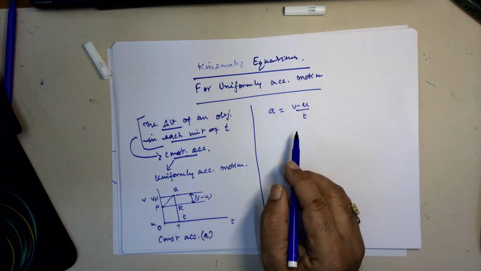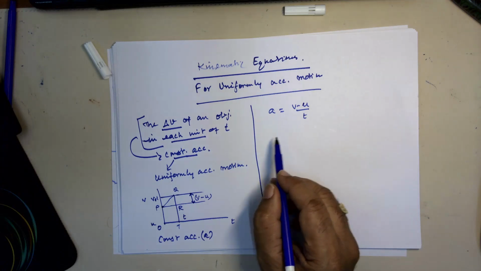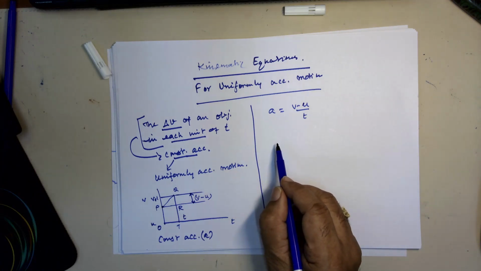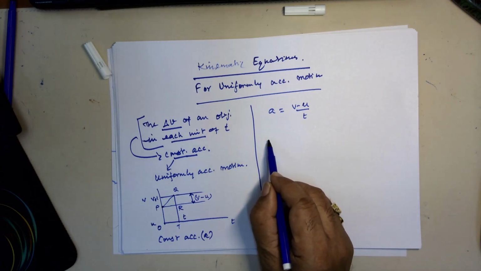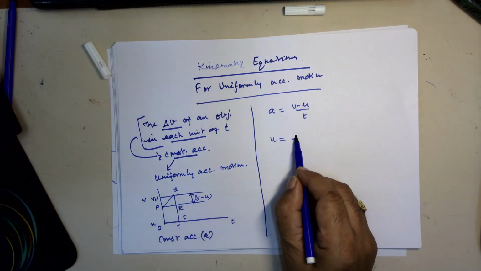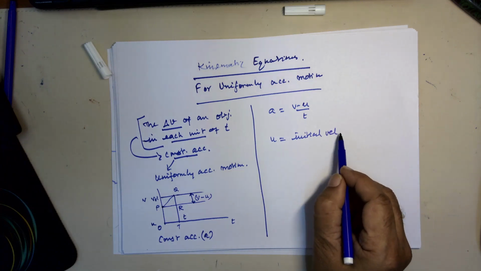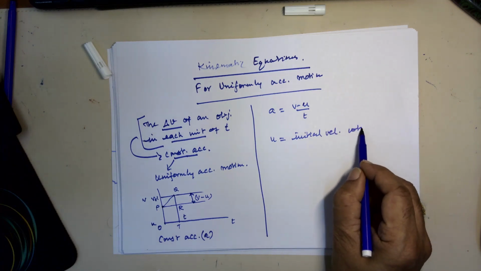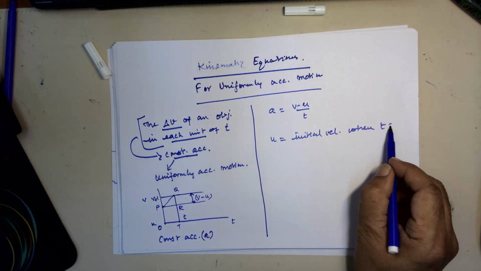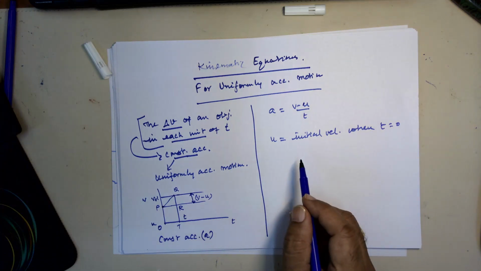In this case, the initial velocity at t equal to 0 is called u.